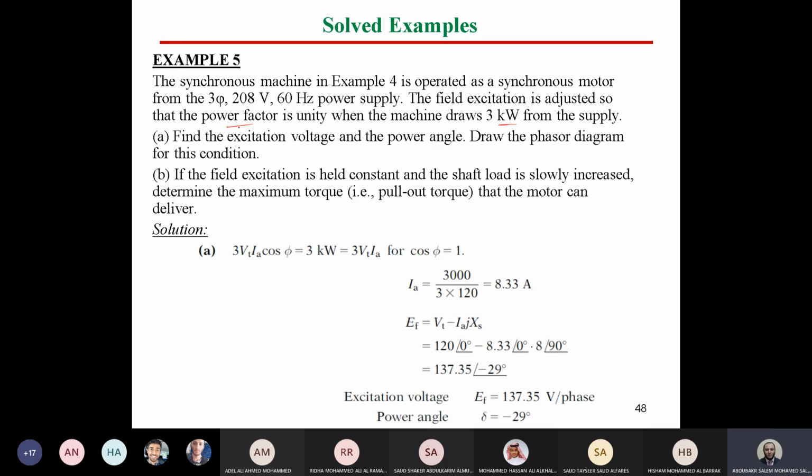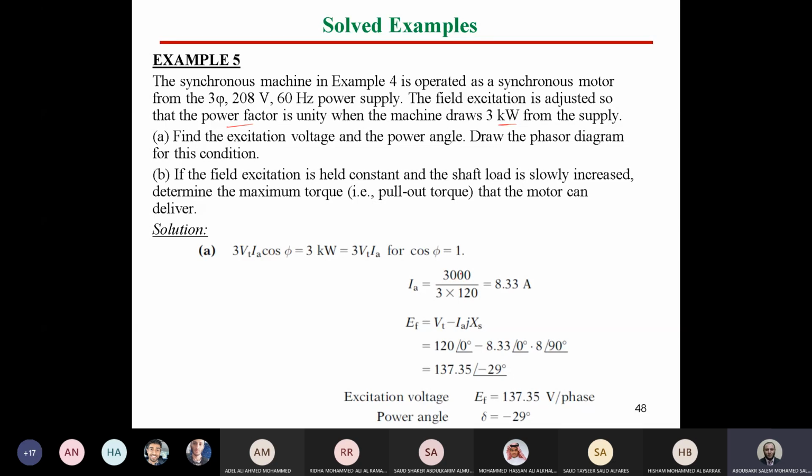We said before, in order to calculate the excitation and power angle, you need the loading condition, which can be the value of current and power factor, or the value of apparent power and power factor, or the value of active power and power factor. Here, active power is given along with the power factor. So you can use it easily to get the value of current and substitute in the equation to get the excitation. So we can say now IA equals 3000.